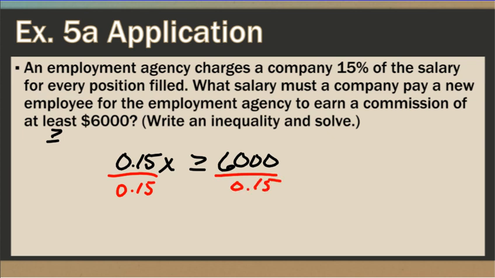And when I do that, 6,000 divided by 0.15, I get 40,000. So x has to be greater than or equal to $40,000. So they're asking you what would be the employee's salary for you to get a 15% commission.